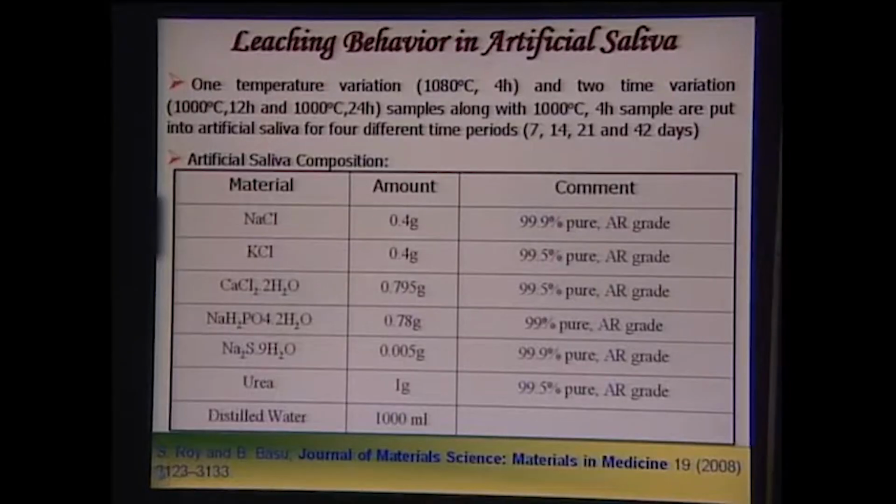Per 1000 milliliter or 1 liter of the artificial saliva, NaCl is 0.4 gram and KCl is 0.4 gram. As you can see, there is sodium chloride, potassium chloride, calcium chloride, and different sodium containing salts are also present, as well as urea at 1 gram.